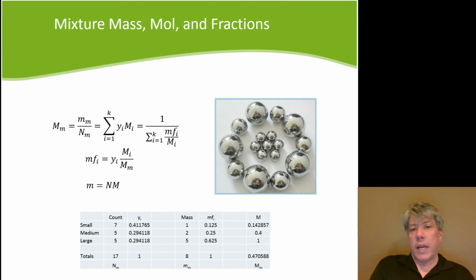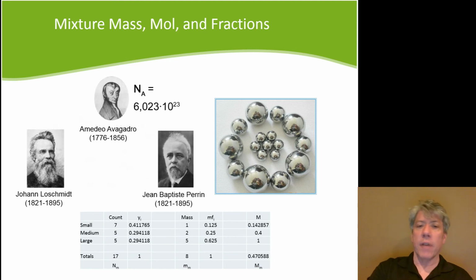But molecular weight is really just how much mass there is for a certain count. And of course, you probably know I've been dancing around one word and haven't used it yet, Avogadro's number, right? Well, you may not know this, but Avogadro did not come up with Avogadro's number. He came up with the concept or the idea of moles. And it turns out that Avogadro's number wasn't his actual number, it was in different units, but it was calculated by Johann Loschmidt, I believe, is how you say his name.